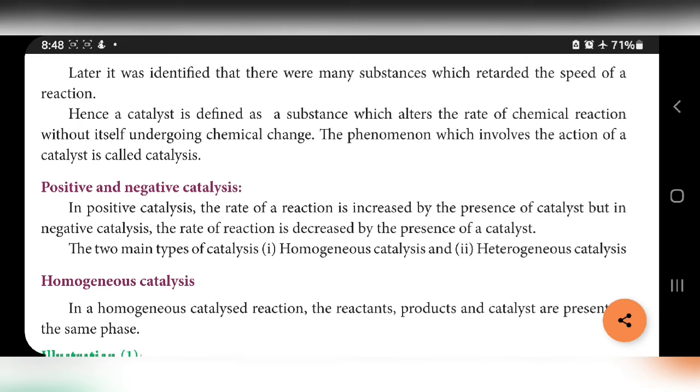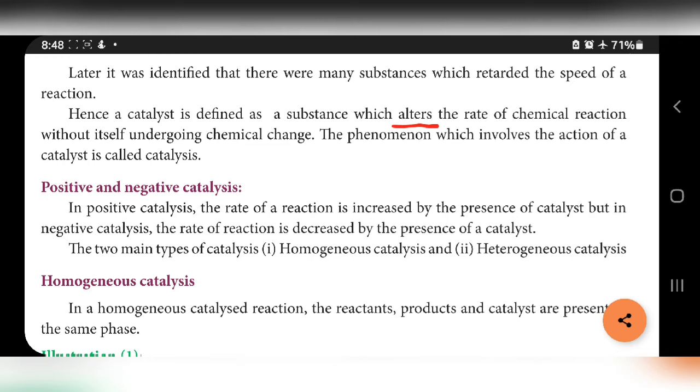So hence a catalyst is defined as a substance which alters the rate of a chemical reaction without itself undergoing any change, without undergoing any chemical change.